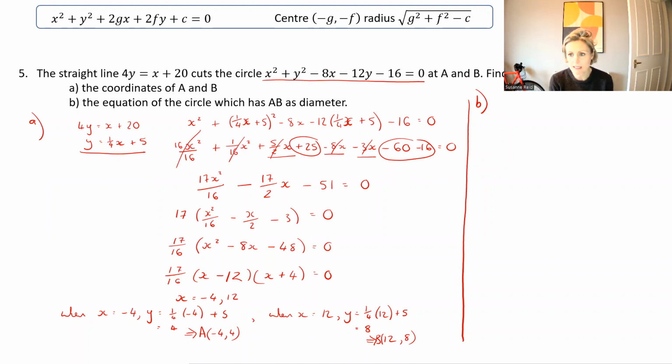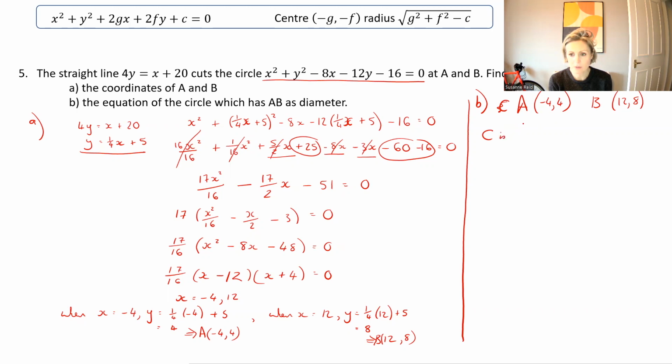If we've got AB as being the diameter, then the centre will be the midpoint of A and B. So I might just write A and B up here before I write the centre. A is negative 4, 4, and B is 12, 8. I just like to have it right there. So the centre is the midpoint of these.